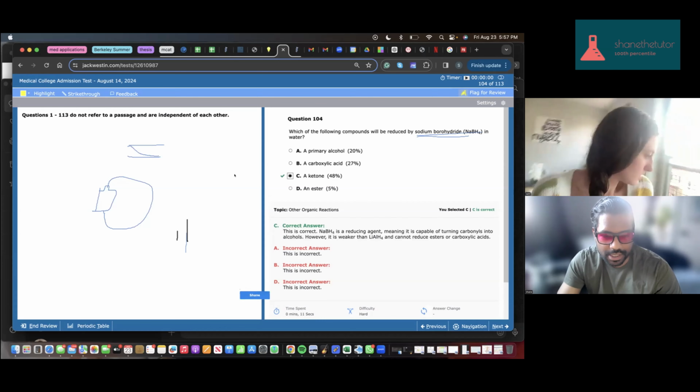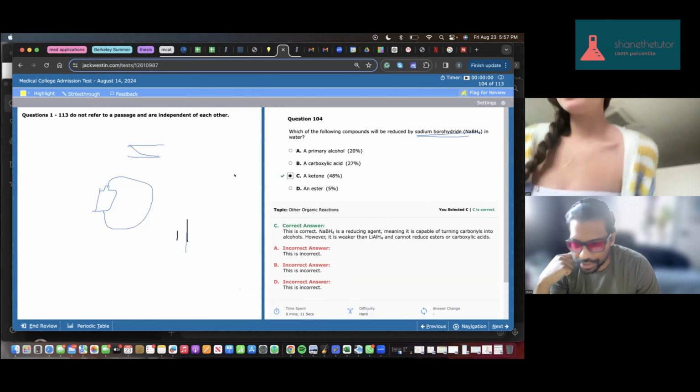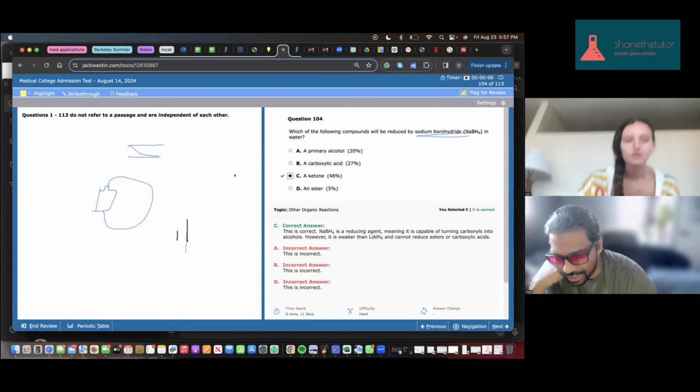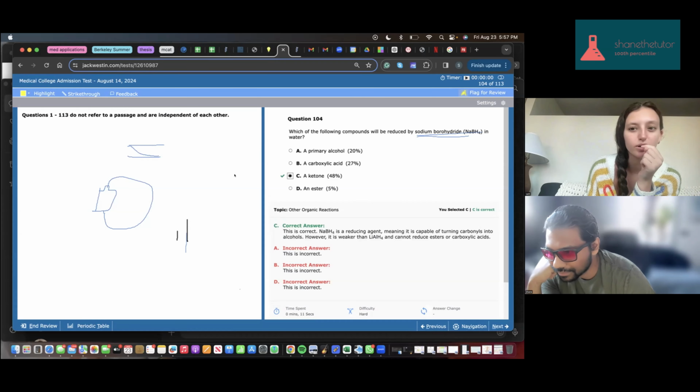I'm gonna just put this in my chat, but it's just the stuff that sodium borohydride can reduce. It can reduce aldehydes, ketones, and acyl chlorides. Is this something specific that's high yield, like sodium borohydride versus lithium borohydride?